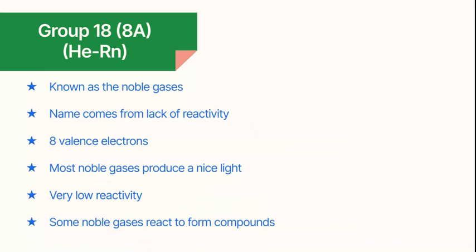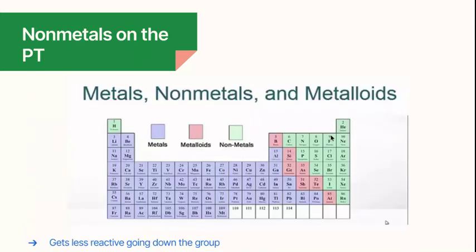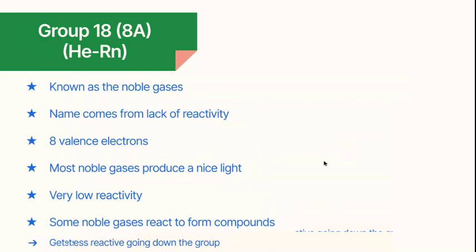Group 18, known as the noble gases, they are right here. This will work. There you go. Right here. These 6: helium, neon, argon, krypton, xenon, and radon rounds that out, known as the noble gases. And their name comes from the lack of reactivity. If you think of something noble, you think of something that's above it all.